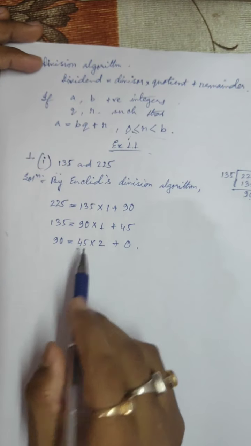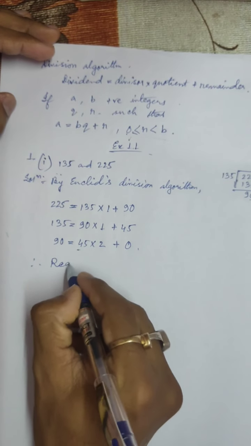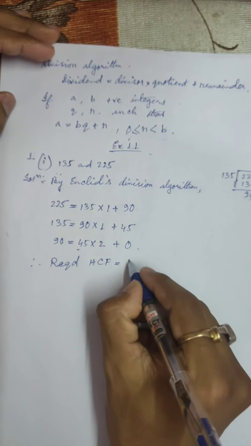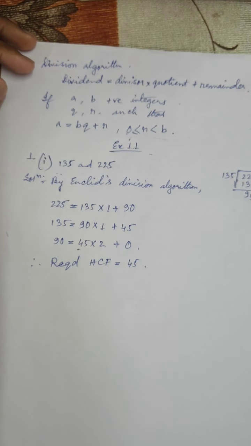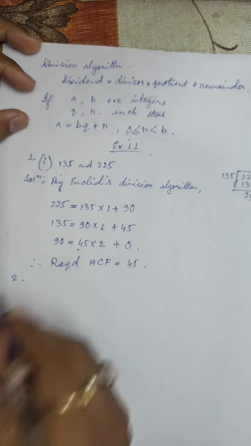Now in this case, this divisor is the required HCF, therefore required HCF equal to 45. That's all. In this way you can do the rest of the sums of number 1. Then let's see number 2.